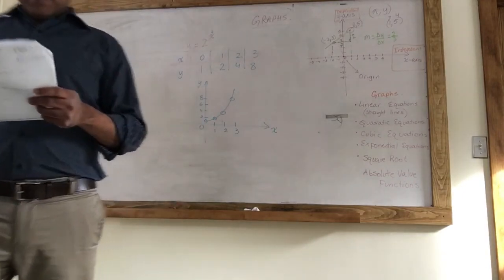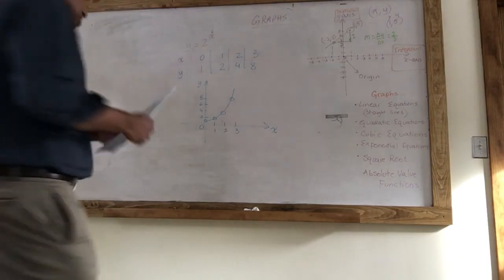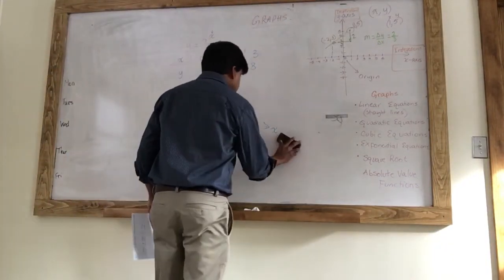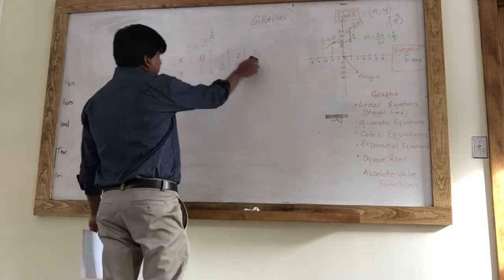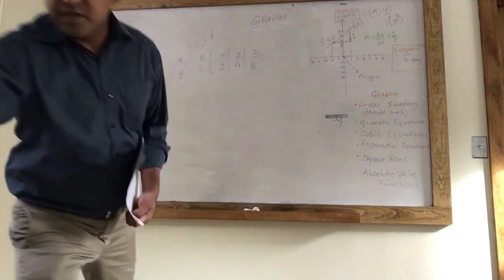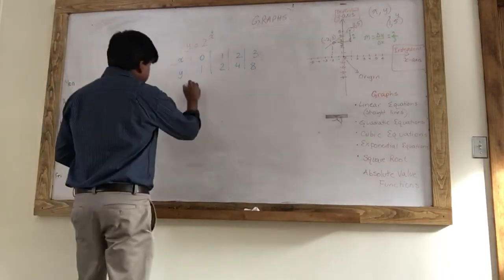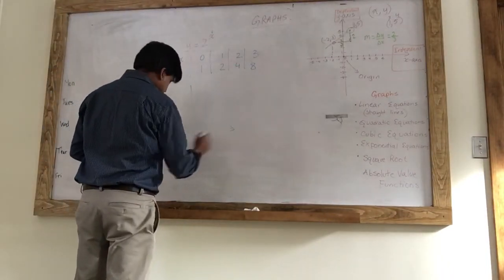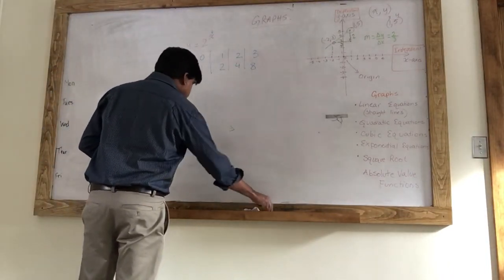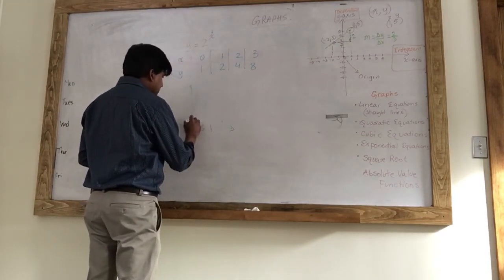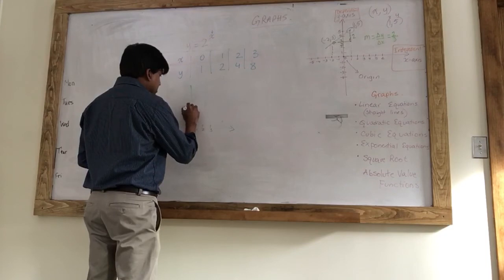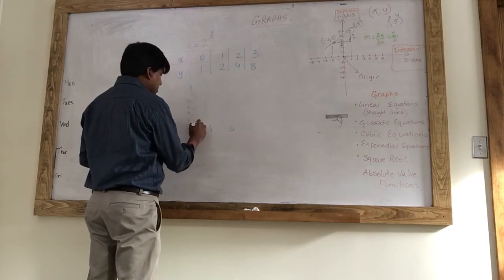And then you've got graphs like the piecewise function. So let's look at a piecewise function. Let's say we have this piecewise function. Till 3 it's like this, right? Till 3, 1, 2, 3, 2, 4, 6, 8. Right?